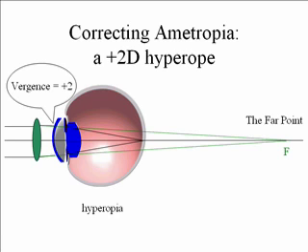If we know that the far point is 1/2 of a meter in back of the patient's eye, and we want to choose a lens that has its secondary focal point 1/2 of a meter in back of the patient's eye, what is the power of that lens going to be?